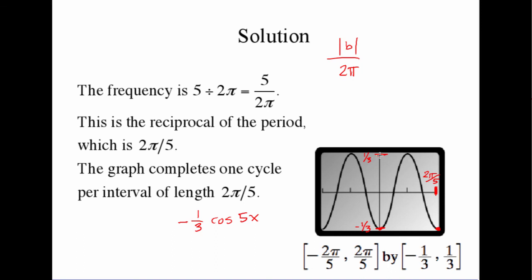Normally the cosine function would start here and come down and then up and finish like this if we had positive 1/3 cosine 5x. But since we don't have that, this is what the graph looks like. It's the reflection. So when we have a negative coefficient on cosine, it actually is going to start down here on the negative y-axis. It's the reflection of that.